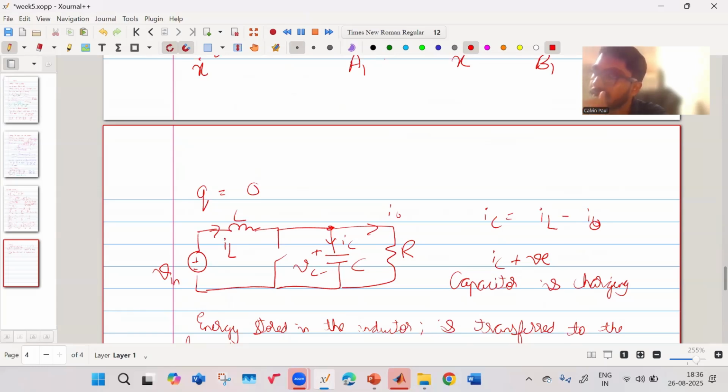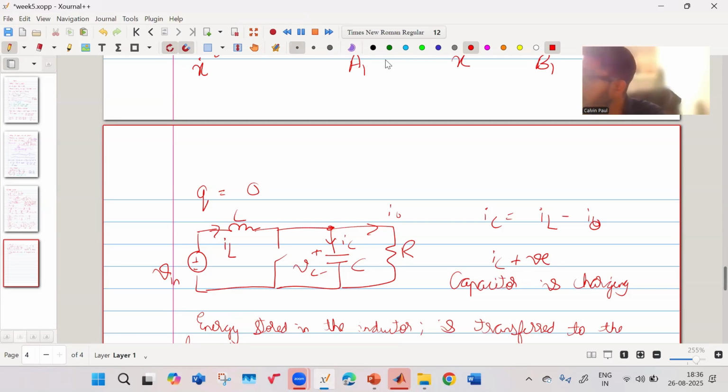In a buck converter, when your inductor is charging, your input is connected and you're directly sending power to the output. But in a boost converter, it's not always like that. There are cases when your output is reducing but your inductor is charging, and the next case is your inductor is reducing while your output is charging. That is what leads to the right half plane zero, which I will talk about later, and a non-minimum phase system.